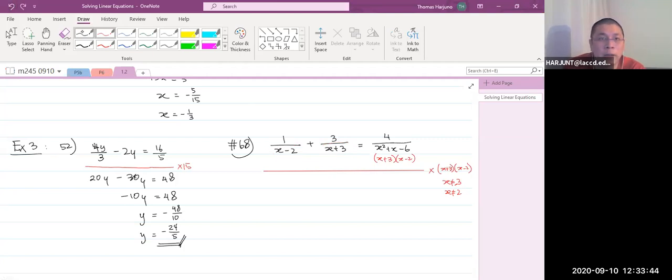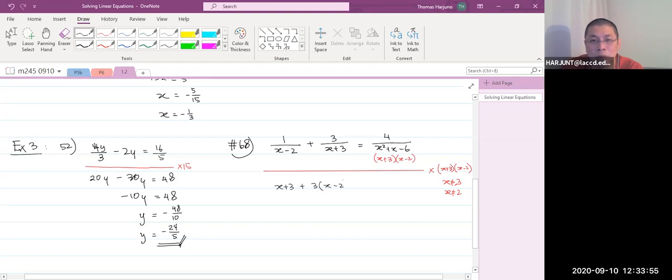Now I multiply by that LCD, then I will get x plus 3 in the first term, 3 times x minus 2 in the second term, and only 4 in the last term. Then from here I proceed as usual.